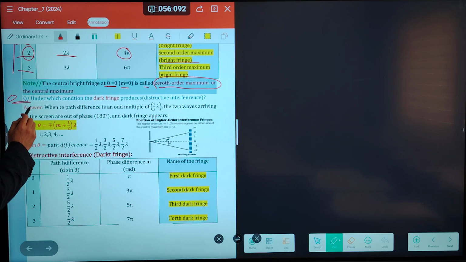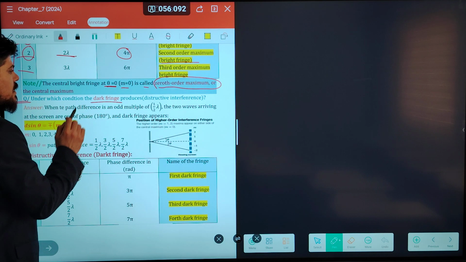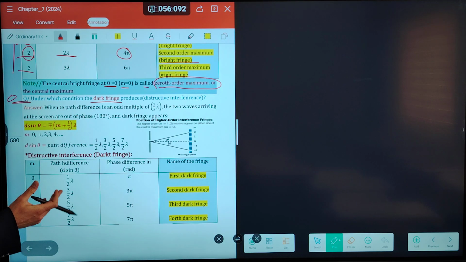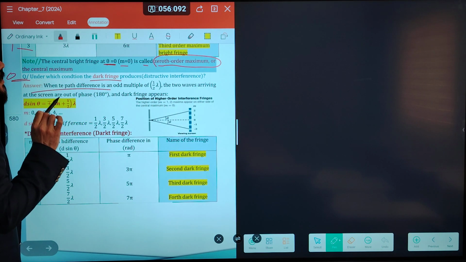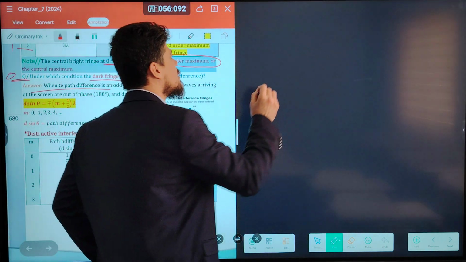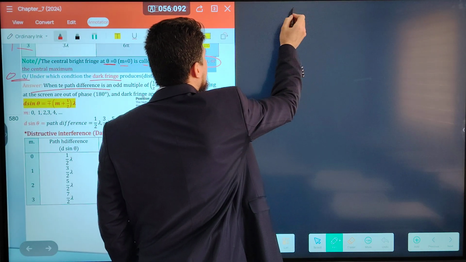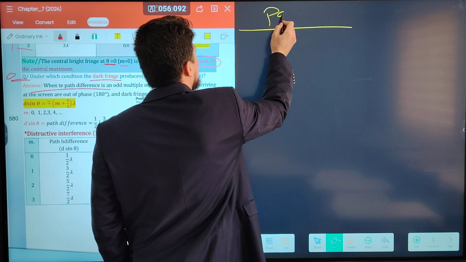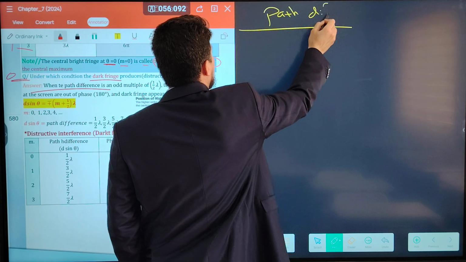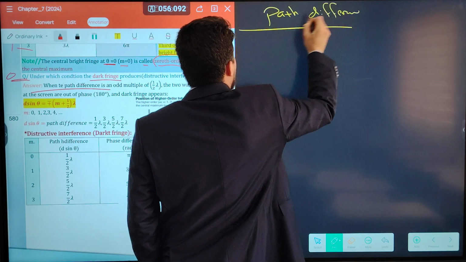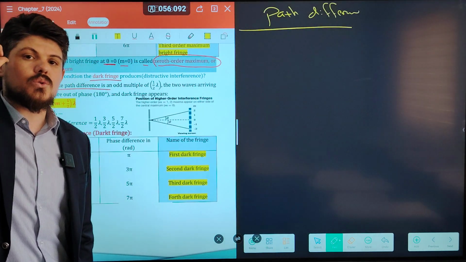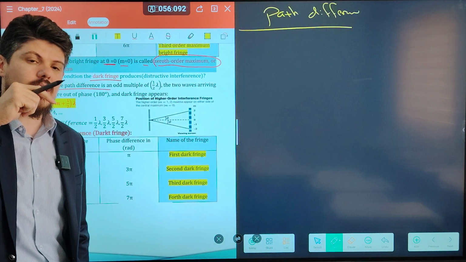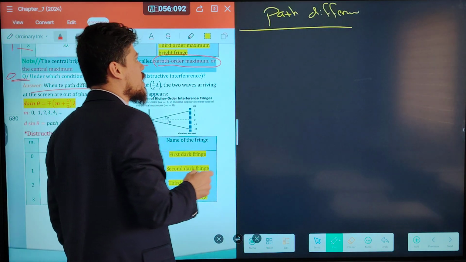Another question: under which condition does the dark fringe appear? So this time we have what? Dark fringe produced by destructive interference, when the path difference is an odd number. What do you mean by path difference? Guys, be careful. If you remember, in constructive interference we said if path difference is equal to a whole number multiplied by wavelength, constructive interference and a bright fringe occurs.